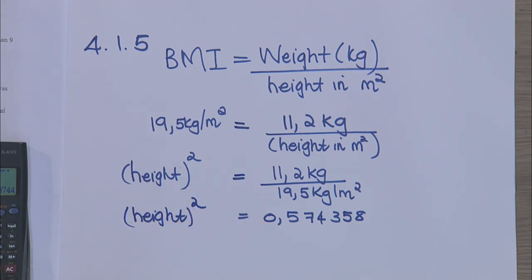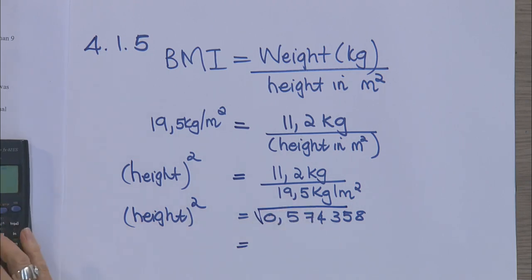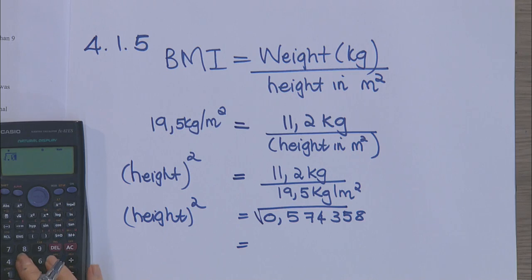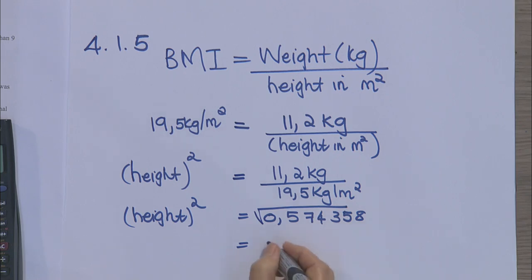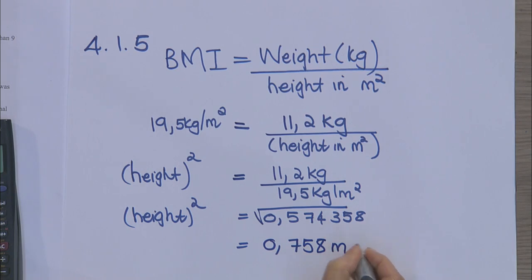How do we get rid of something that's squared? We get the square root. So if you take your calculator and you type in 0.574358, then we are going to get an answer of 0.758 meters.